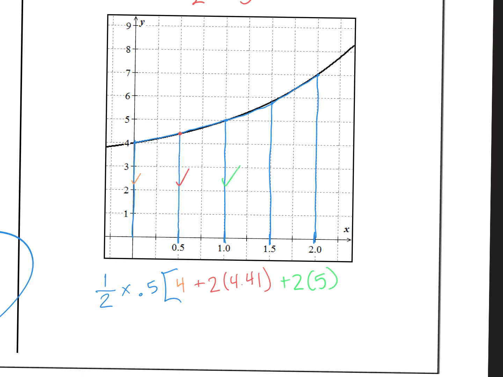And then 2 to the 1.5 plus 3 is 5.82. And then the next one is 7. And it's just 7, right, because there's only one of them.